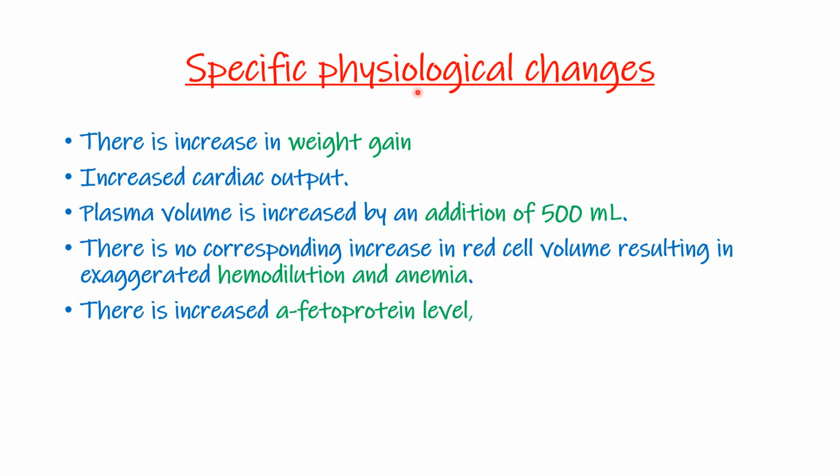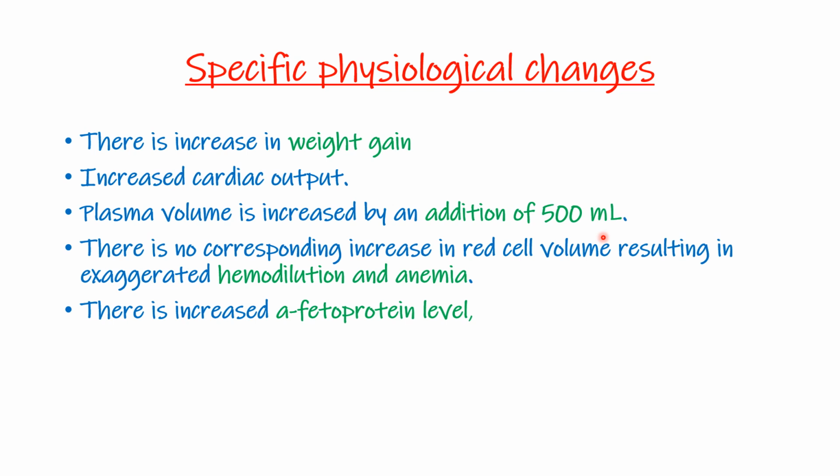So in terms of special physiological changes that occur in twin or multiple gestation, they include increased weight gain, obviously, increased cardiac output, and increased plasma volume by addition of 500.